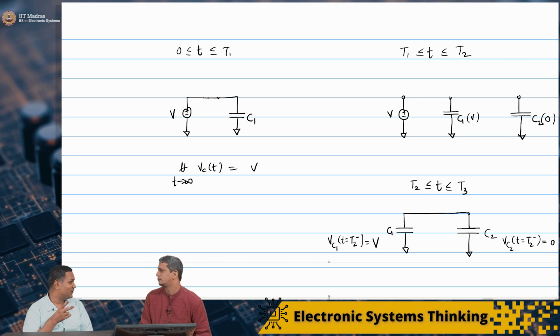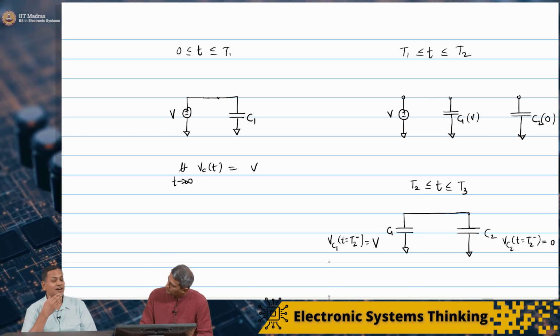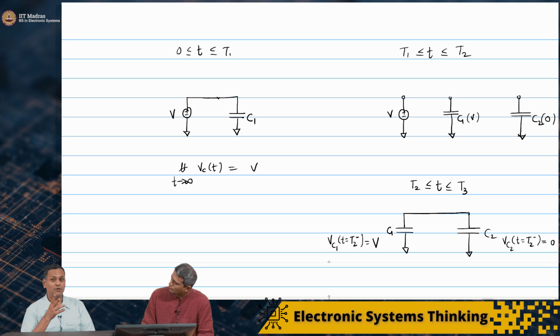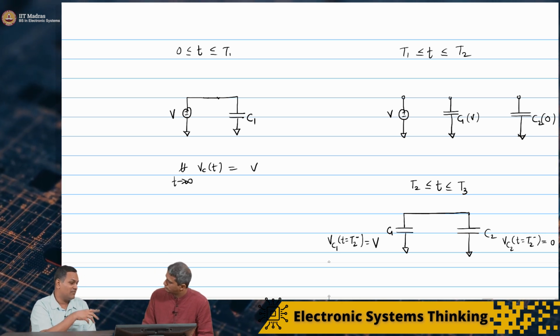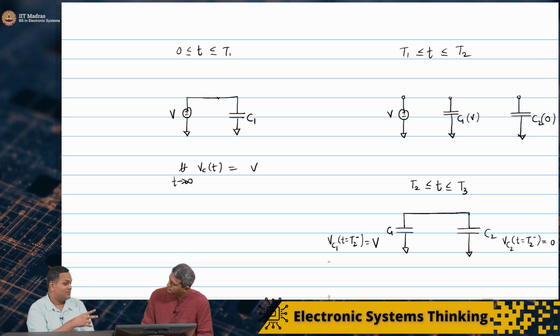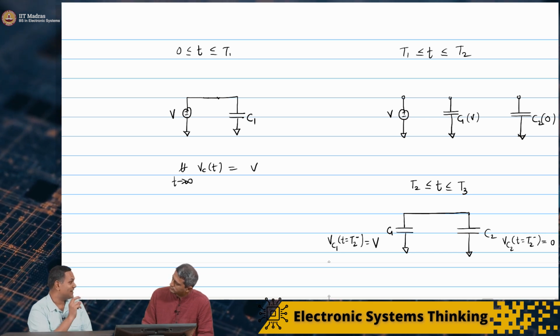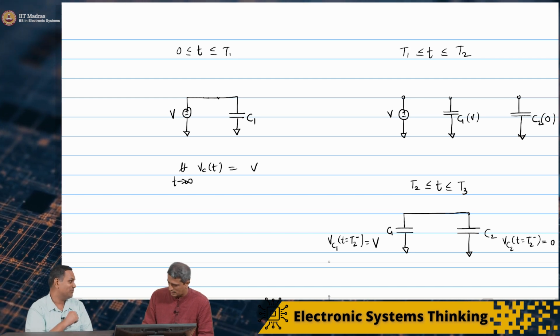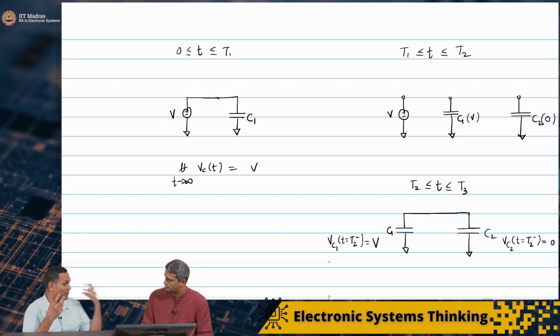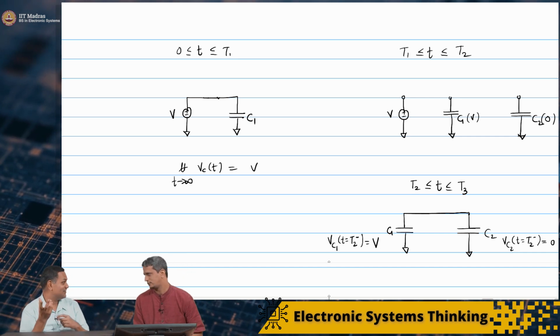Now in this case, if I apply KVL around this loop, it tells me that the voltage across the two capacitors has to be equal always. I already have a problem because I am starting with a situation where one of them has a voltage, the other does not have any voltage.